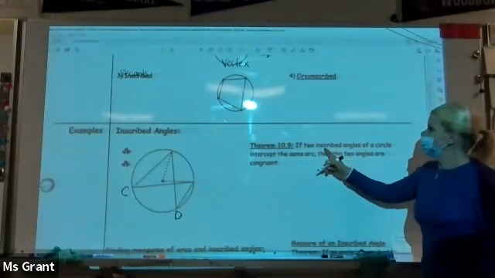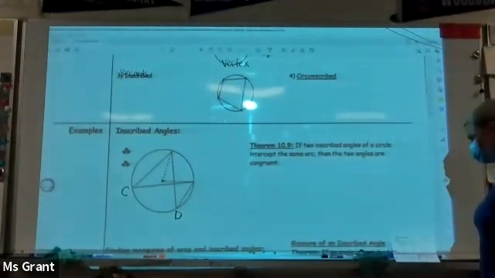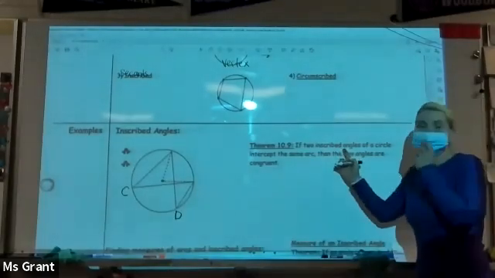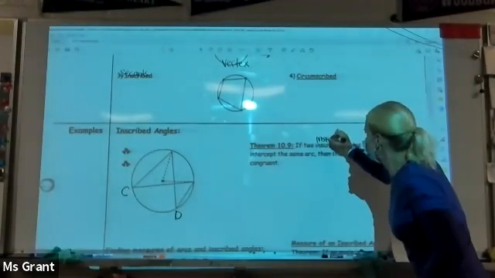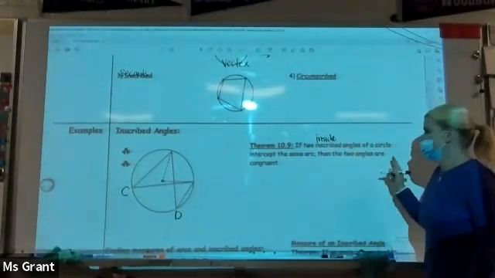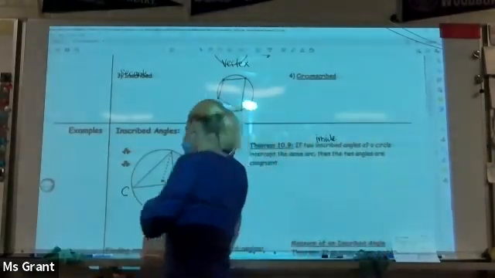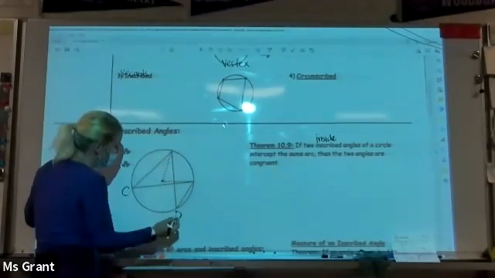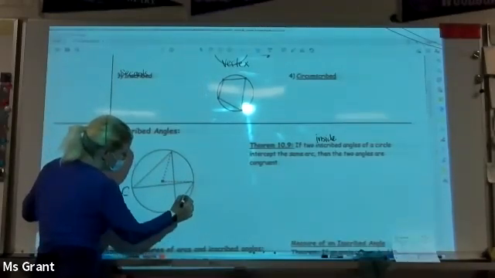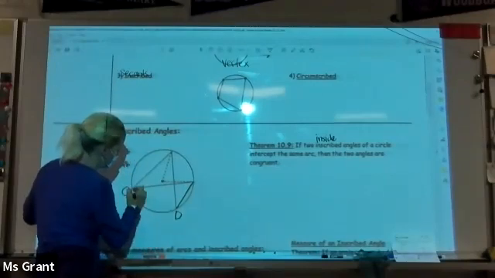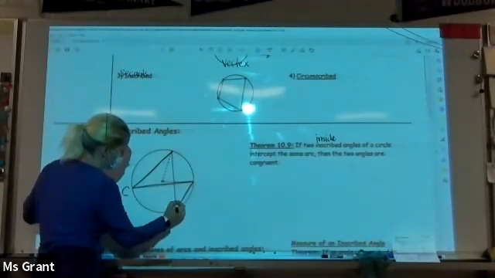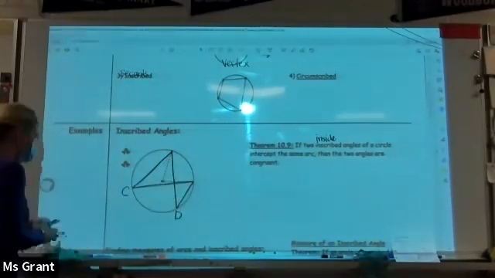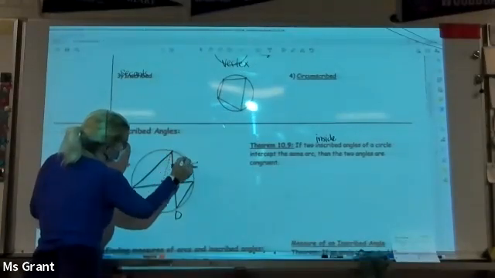Theorem. If two inscribed angles of a circle intercept the same arc, so two angles are inside the circle, and they intercept the same arc. So it's like angle C, this angle, so the arc that we're talking about is right here.